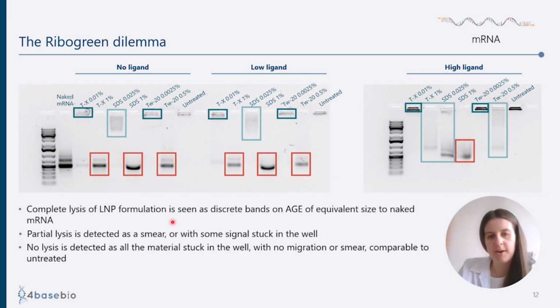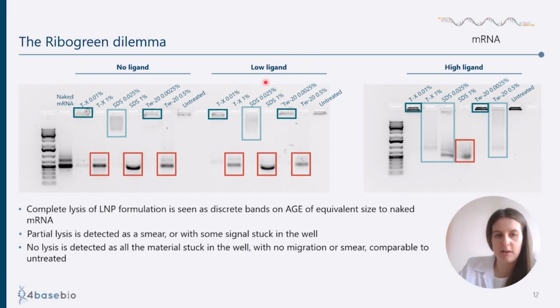Now, where this becomes tricky for us and our particular formulations is that those standard reagents used to solubilize nanoparticles, Triton X and Tween, do not fully solubilize our Hermes nanoparticles at high concentration. So you can see at no ligand concentration, your high 1% standard, the Triton X, fully releases.